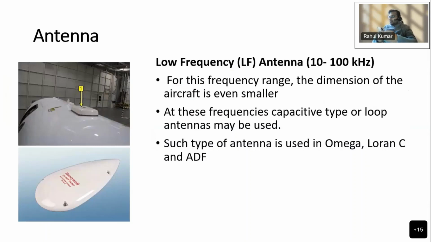The last type of antenna is the low frequency antenna, which operates in the frequency range of 10 to 100 kilohertz. Now for this frequency range, even the length or the dimension of the aircraft is even smaller, so we cannot use the entire body of the aircraft as an antenna.